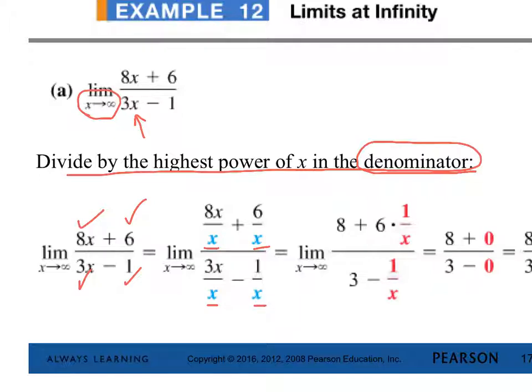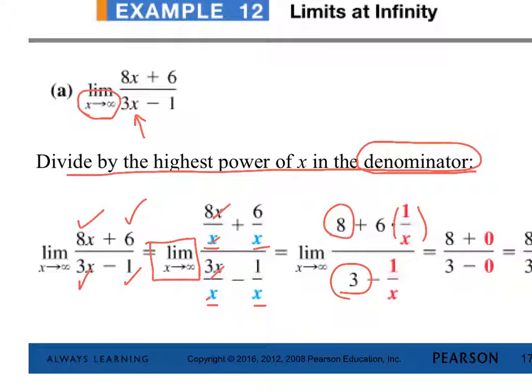Remember, we're taking the limit as x approaches infinity. So now 8x over x comes out to be 8. And 3x over x, because these x's cancel in these first two parts, just becomes 3. And then 6 over x is the same as 6 times 1 over x.